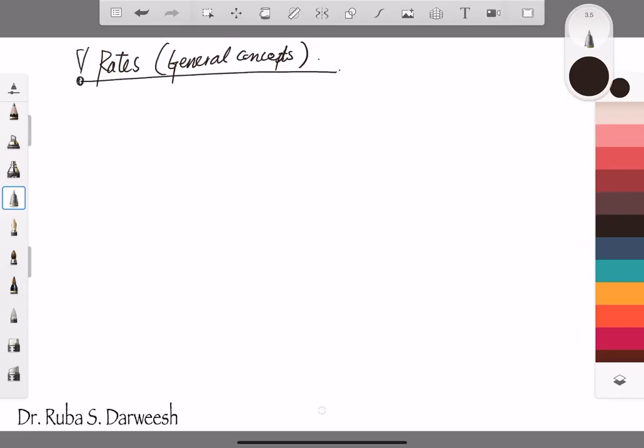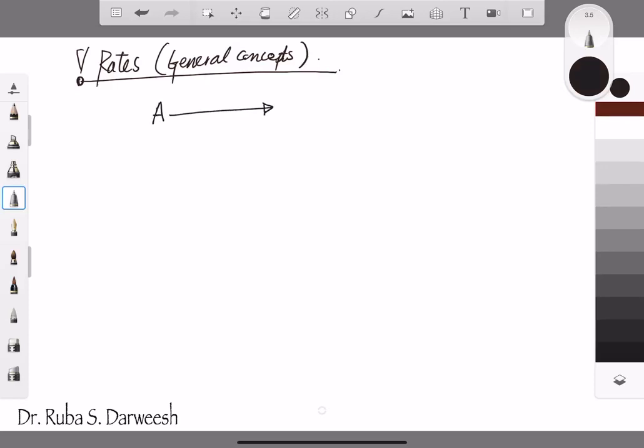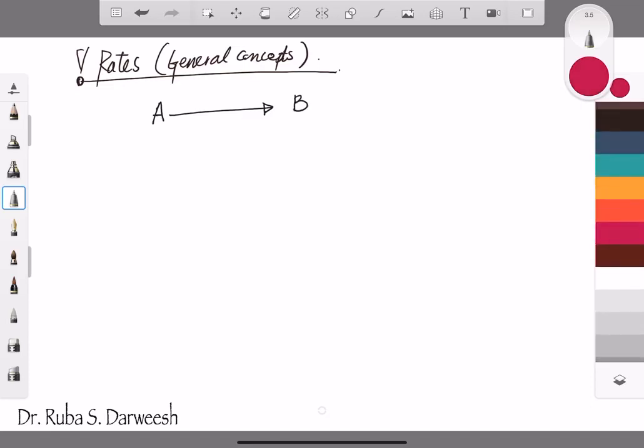Okay, so let's start with, let's say, an example of amount A that is changing to amount B. So this is the amount of A and B. We can see from here that this amount is decreasing with time and this amount is increasing with time.